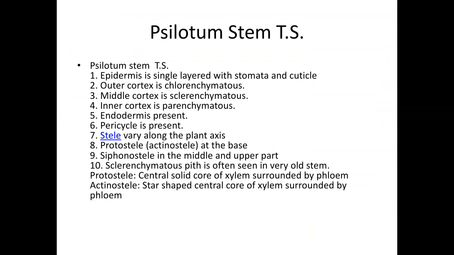Protostele or actinostele at the base, siphonostele in the middle or upper part. Sclerenchymatous pith is often seen in very old stem. Protostele: central solid core of xylem surrounded by phloem. Actinostele: star-shaped central core of xylem surrounded by phloem.